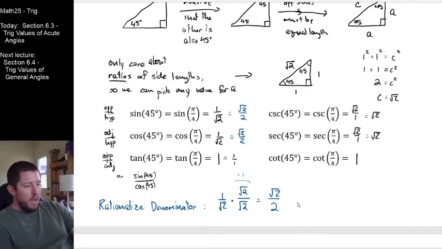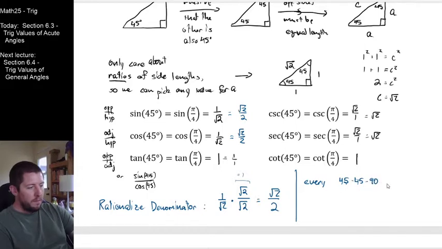Right? Another thought that I just kind of want to generically say is every 45, 45, 90 triangle has side lengths in proportion with 1, 1, root 2.